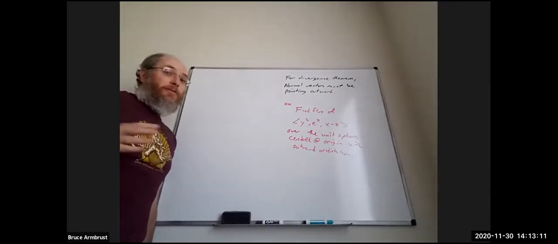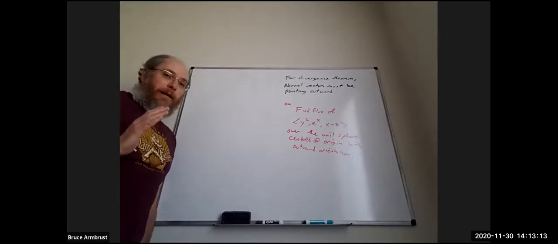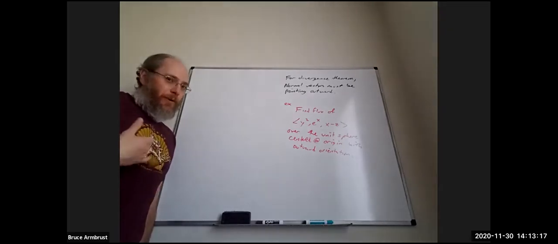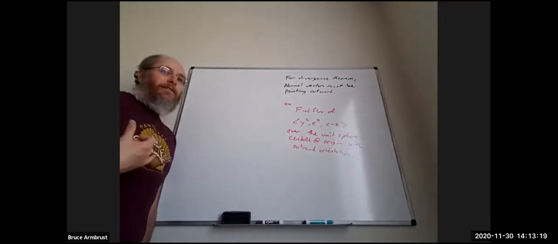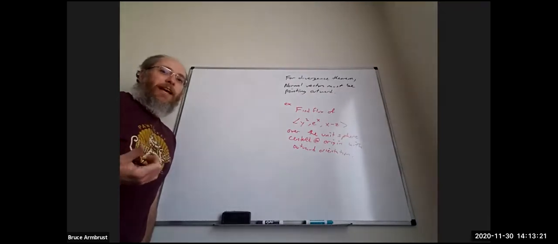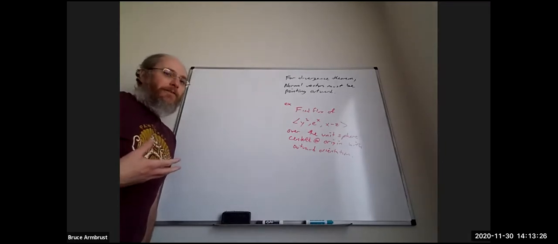But if you go back and look at your notes from the week before Thanksgiving, we did a parameterization of a sphere using spherical coordinates and found the r_u and r_v, took the cross product, and it was gnarly. It was really quite gnarly just to get us to that point.